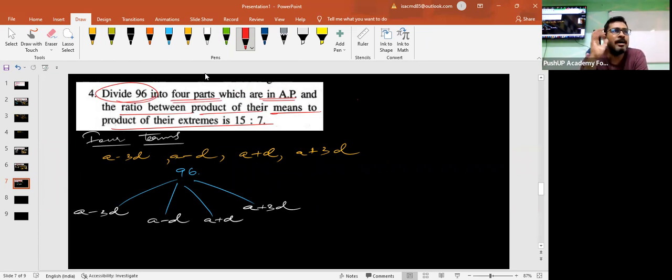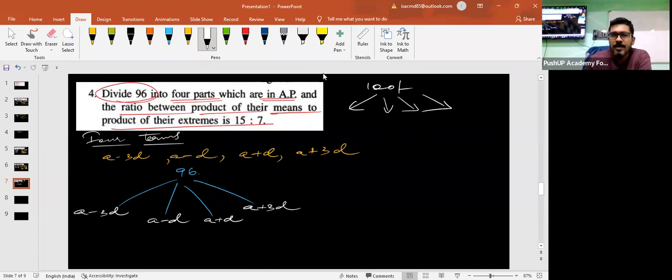Imagine, children, I am having 100 rupees with me. And I am asking you to divide 100 rupees into these 4 parts. One is 20 rupees. The other one is 25 rupees. The other one is 15 rupees. And the last one is 40 rupees.